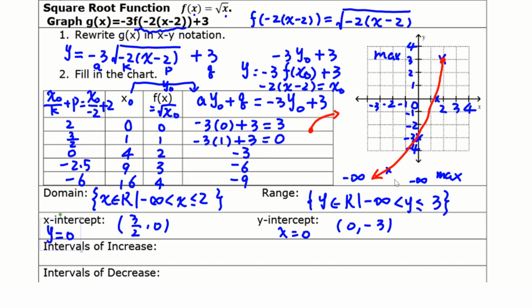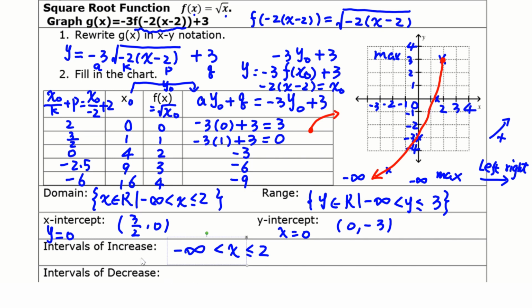Intervals of increasing, from left to right, if the graph is going up, that is increasing. Or you could think the slope is positive, then it is increasing. So this will be all the domain. So from negative infinity to 2, the graph is increasing.